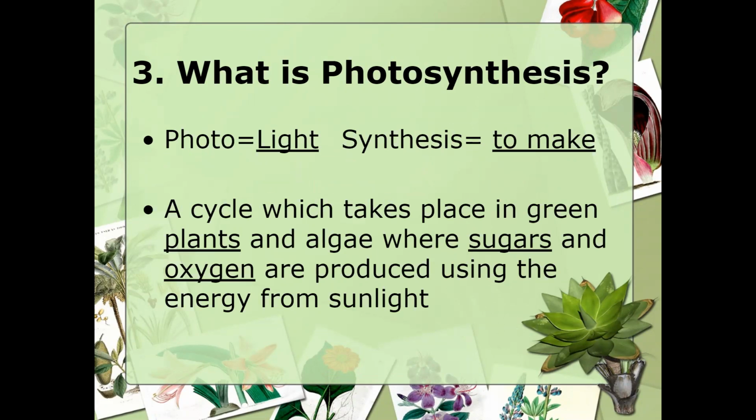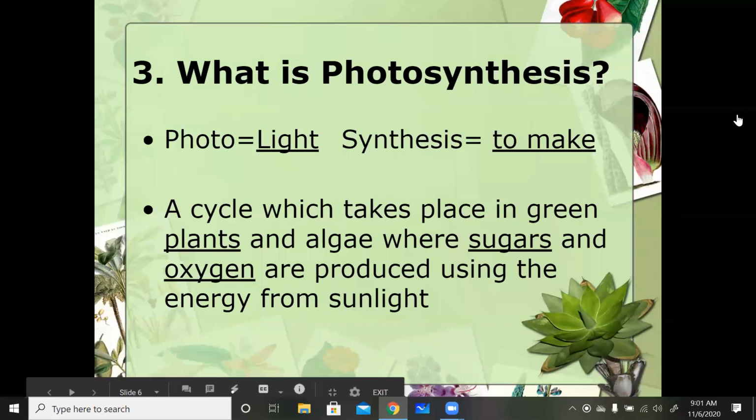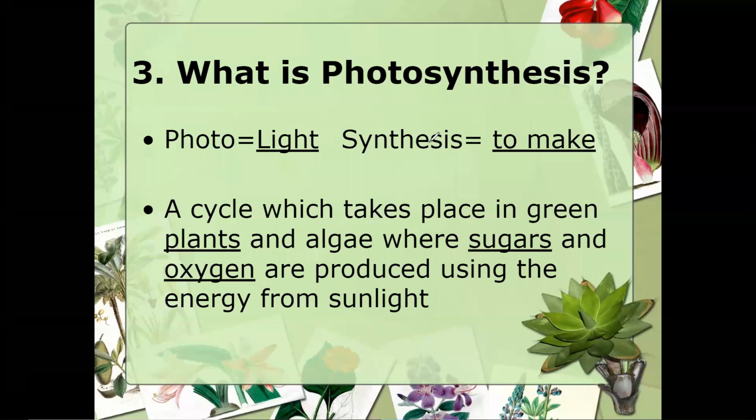To break down the term photosynthesis, because if you remember in class, I was saying that it's very helpful to understand root words in this class. The root photo means light, and the root synthesis means to make. So if you're really looking at photosynthesis, what you're reading is light to make.